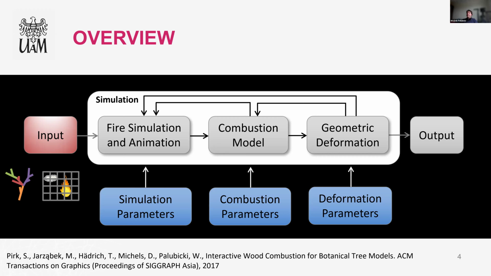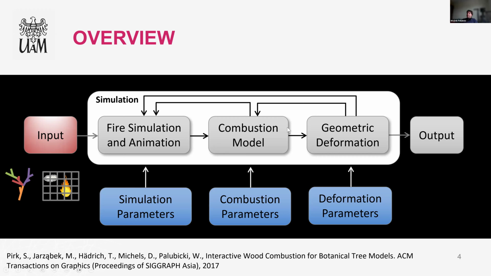And with that input, one way of describing this model is that we will use it to simulate fire, to animate fire. And this in turn will feed into a model which describes the combustion occurring on the surface of the plant, and the pyrolysis process, which is essentially feeding the wildfire.